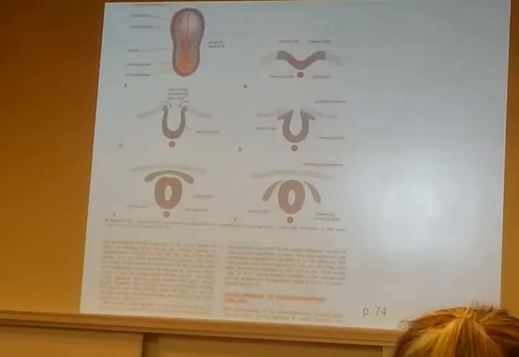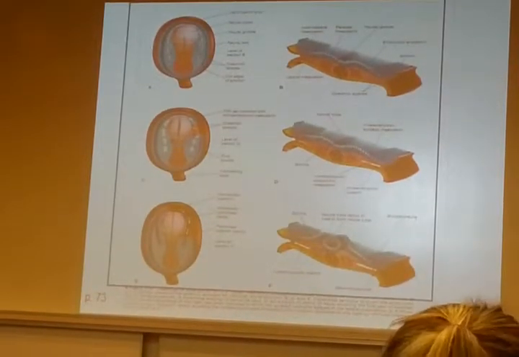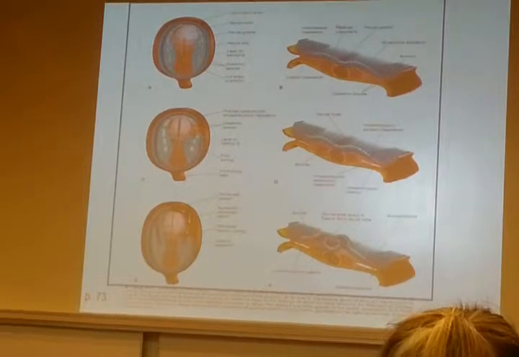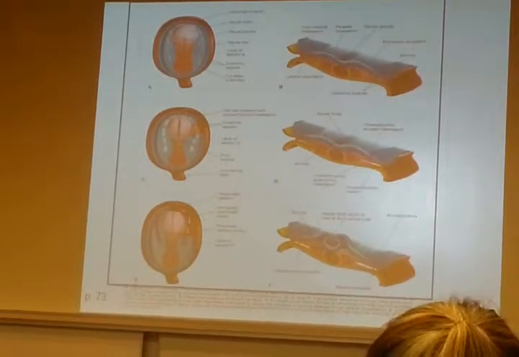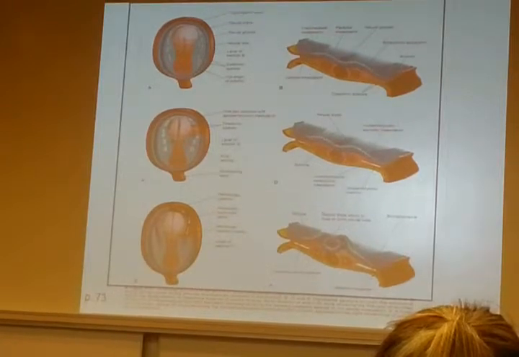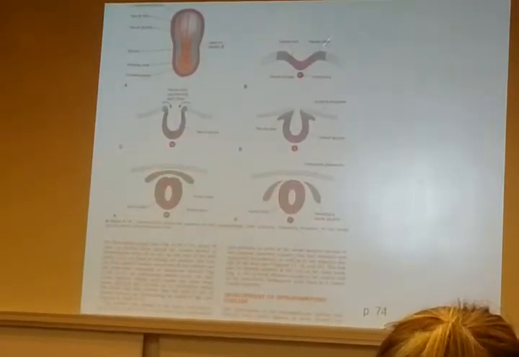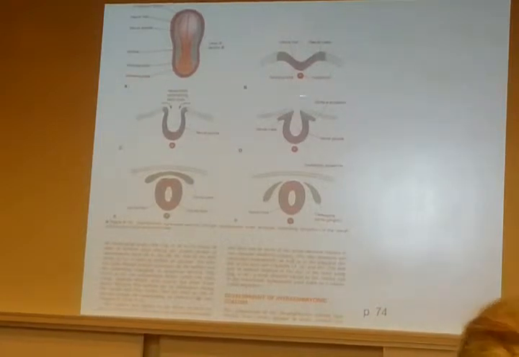What is left of all these magic cells? All those magic cells that dove down through the hole and migrated front and back, they form a structure called the notochord. And that is labeled right here, notochord.